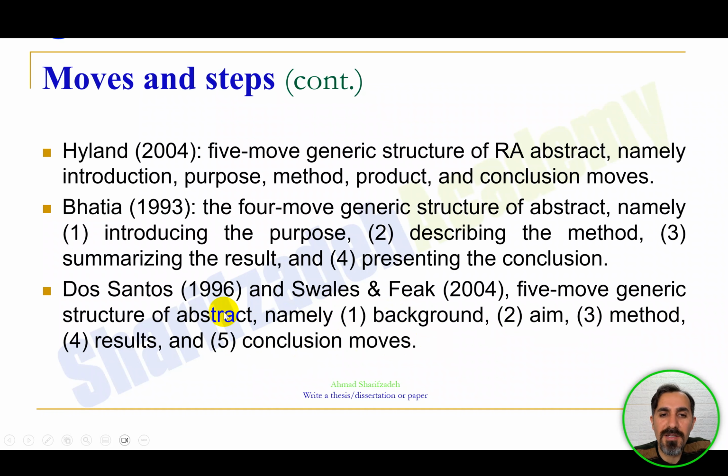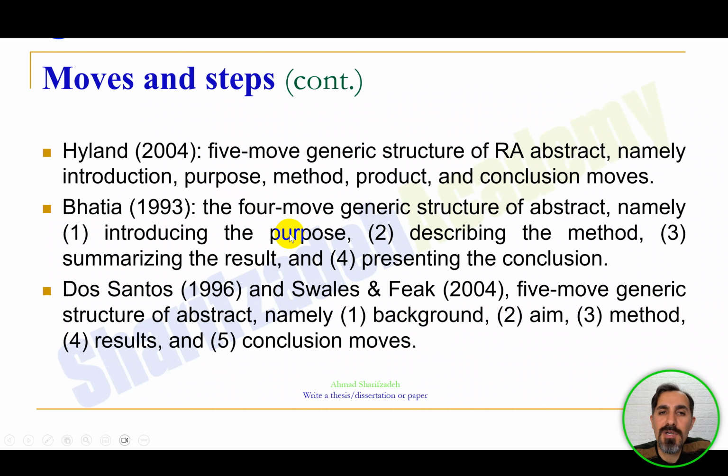Although the first model, Hyland's, and the model at the end have some different words, we have here introduction, but here background, here purpose, but here aim. The words are different, but the intention or the logic behind the words is the same. In the introduction or background section, you have to briefly introduce the topic you're dealing with.